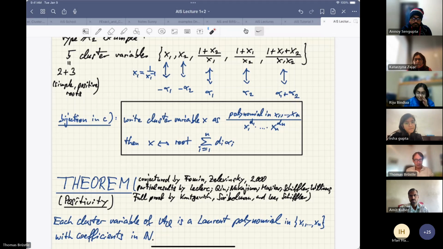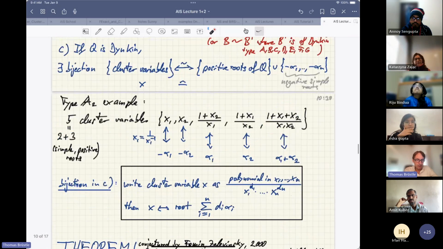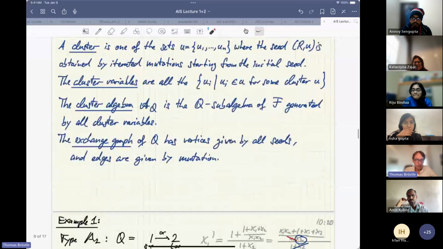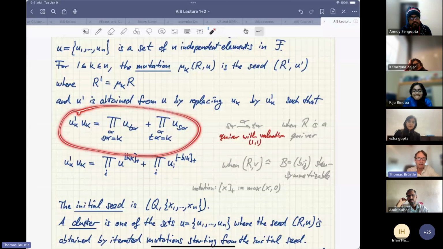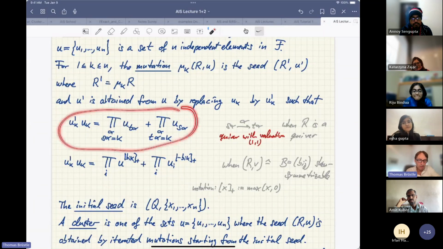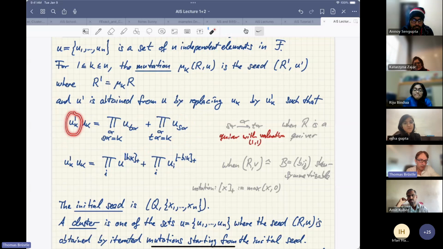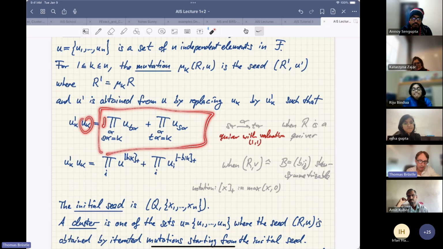So listen, you might be tempted to say, but isn't this trivial? I mean, we start with x1, x2, up to xn, the initial variables. What is our mutation formula? How do we define the new cluster variables? Our mutation formula is this one. There are only positive coefficients appearing anyway, right? I mean, what is u_k prime? This is 1 over u_k times 1 times this plus 1 times this.